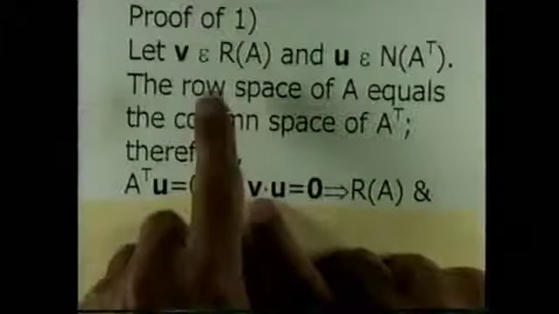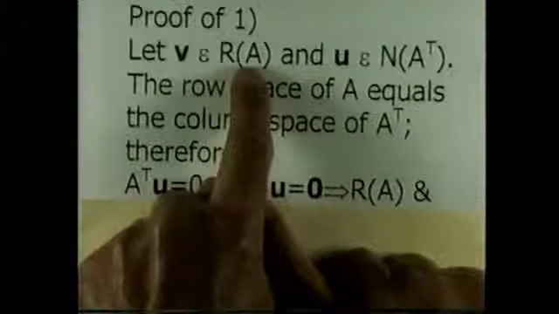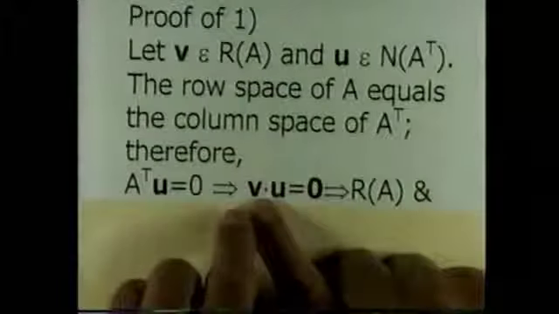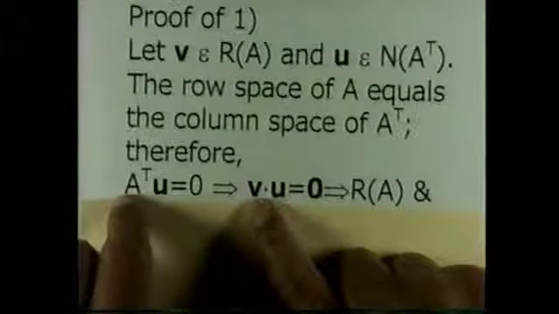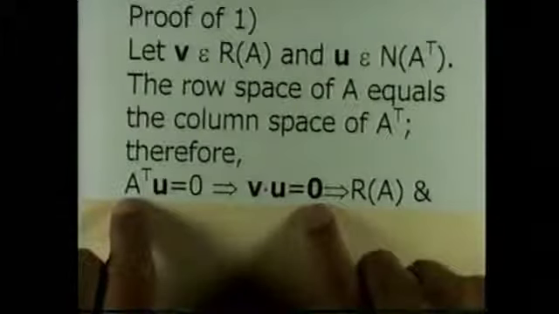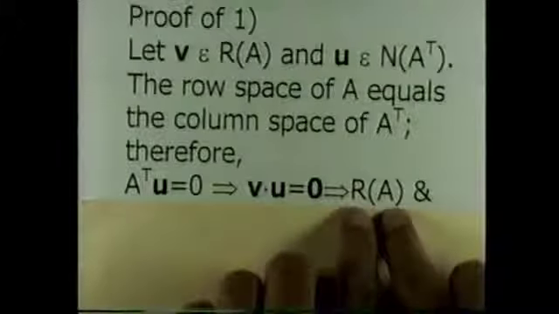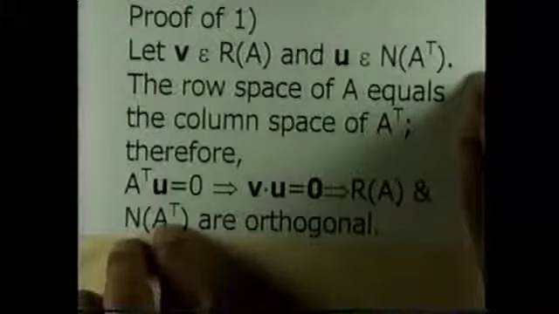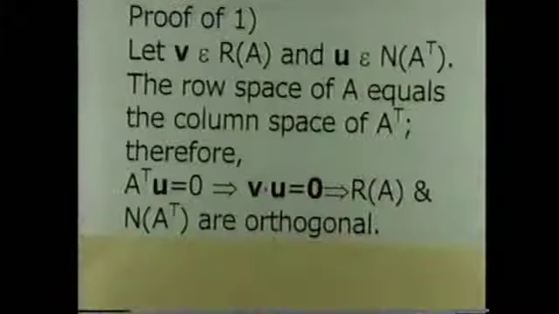Now V is in the row space of A, but the row space of A equals the column space of A transpose. So then we have V dot U is 0. Well, if V dot U is 0, then that means that the column space of A and the null space of A transpose are orthogonal. That's the definition of orthogonal.